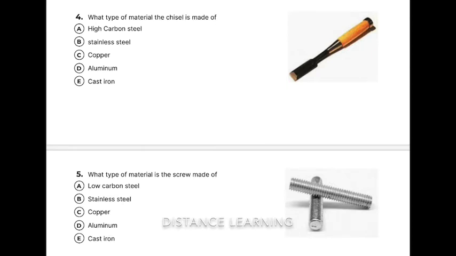Question number 4 is asking what the chisel would be made of. Here I want you to distinguish between high carbon steels and low carbon steels. A chisel is a material which suffers impact action, where you hammer it into zinc, so you need to have high impact resistance. So a chisel would be made of high carbon steel due to its ability to stand high impact.